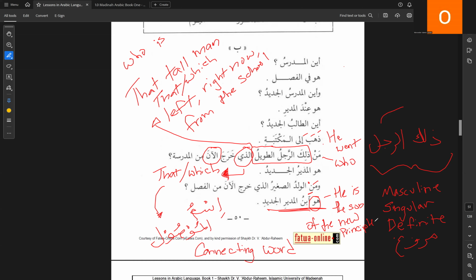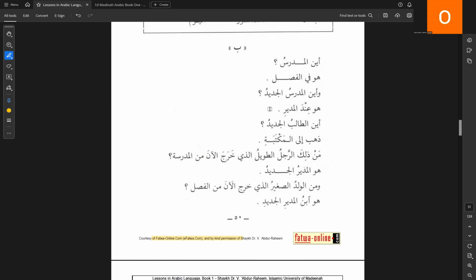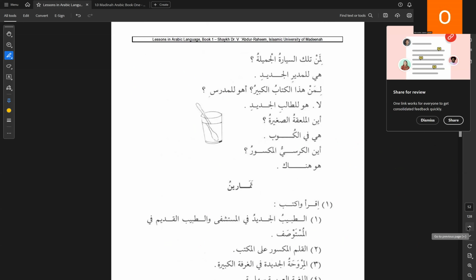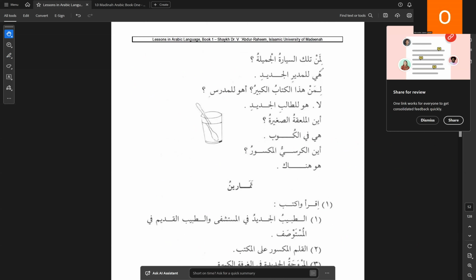Make sense? All right. Should I go to the next page? All right. Liman tilka as-sayyaratul jamila. We know this one already too.